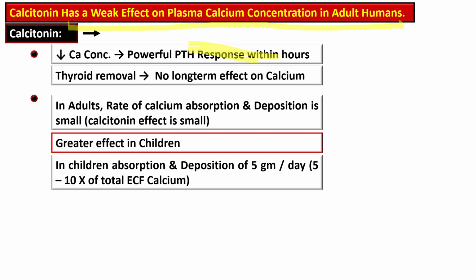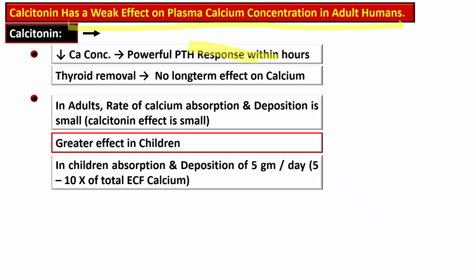So in adults, the bone remodeling is slow as compared to children. So calcium flux is small, so there is low daily turnover, even if calcitonin slows the bone resorption.